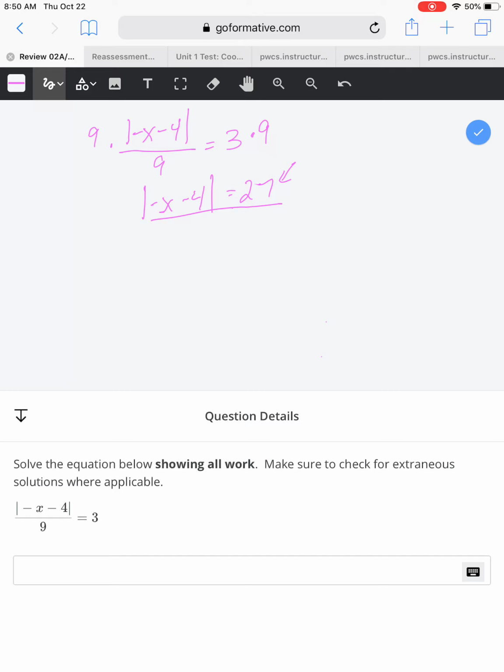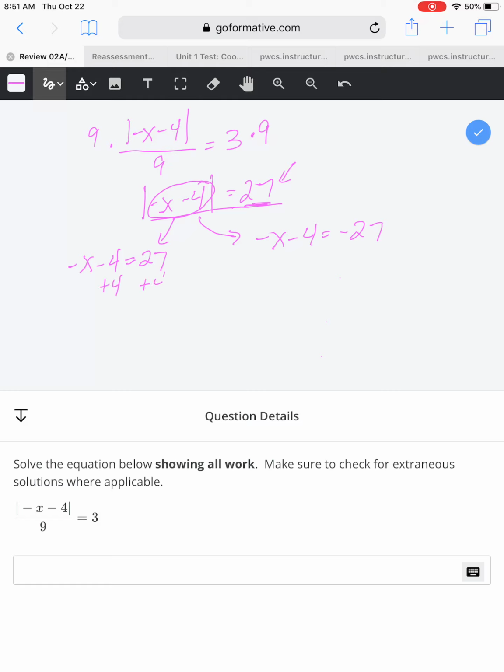If it's equal to a positive, then I do solve it twice, and that's a positive 27. It's what's out here that is the issue. I take what's inside my absolute value, and I take that out, and I solve this twice, because what's in here could be equal to positive 27, or what's in here could be equal to negative 27, and I would still get positive 27.